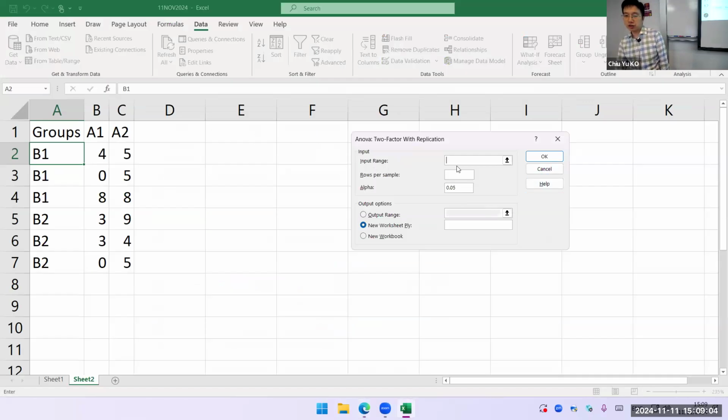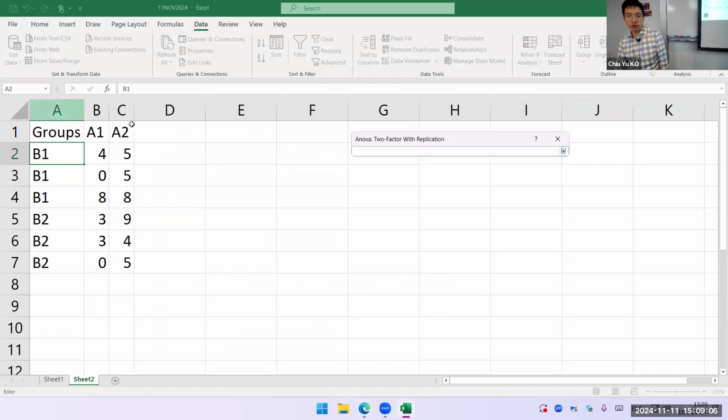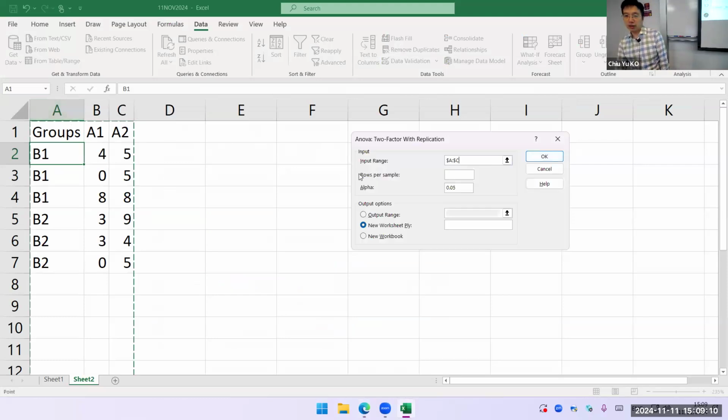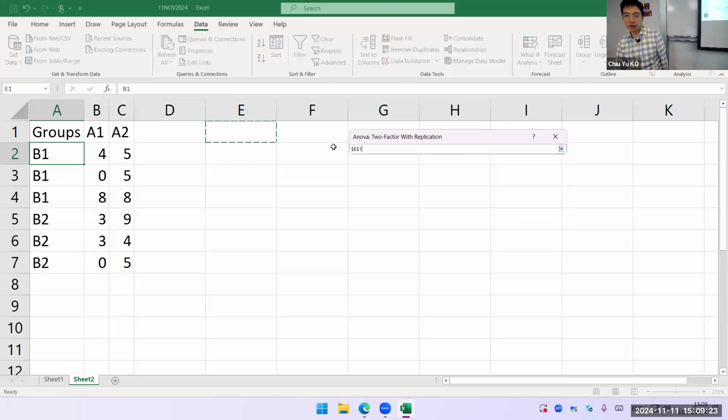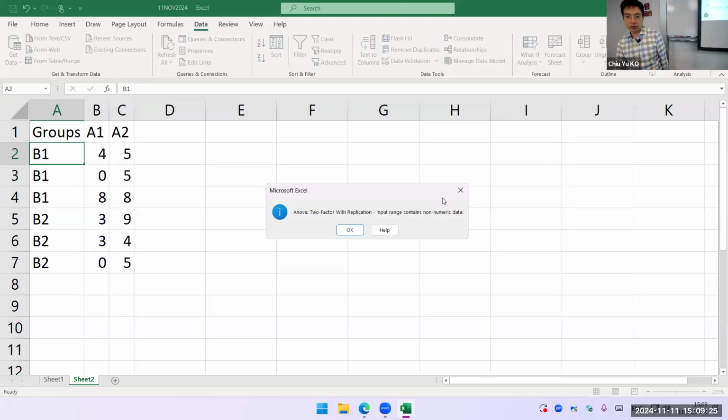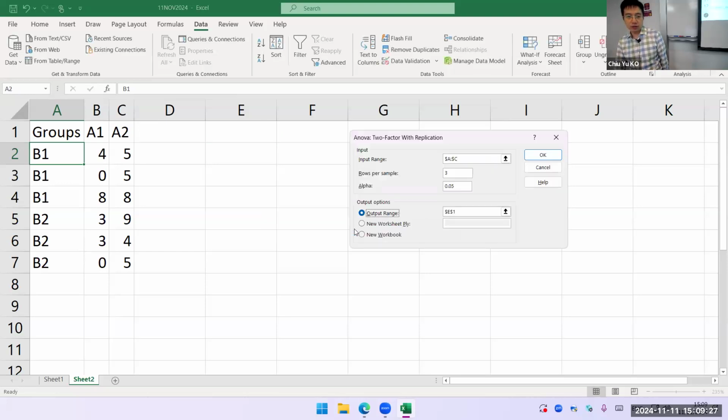Input range is just this one. And how many rows per sample, you have 3 rows. And you tell me where to output, then we're done. Let's see. Is there any problem with that?